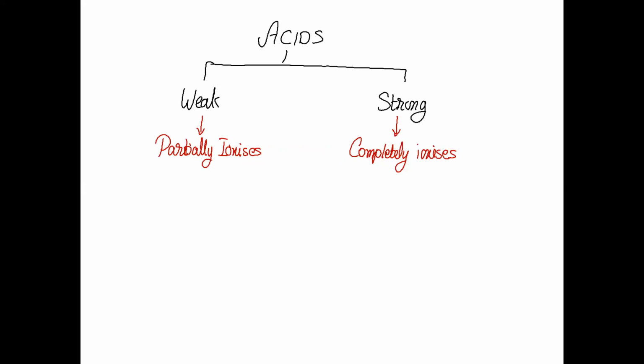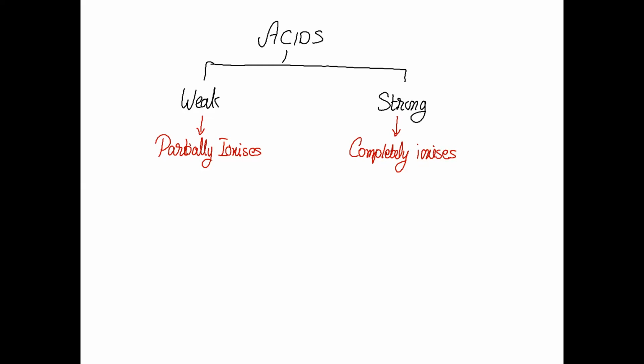Acids, weak and strong. Weak acids are those which ionize partially, and strong acids are those which ionize completely. You have to copy this. Okay. This table will justify how acids enter this game, because the name of the topic was ionic equilibria.